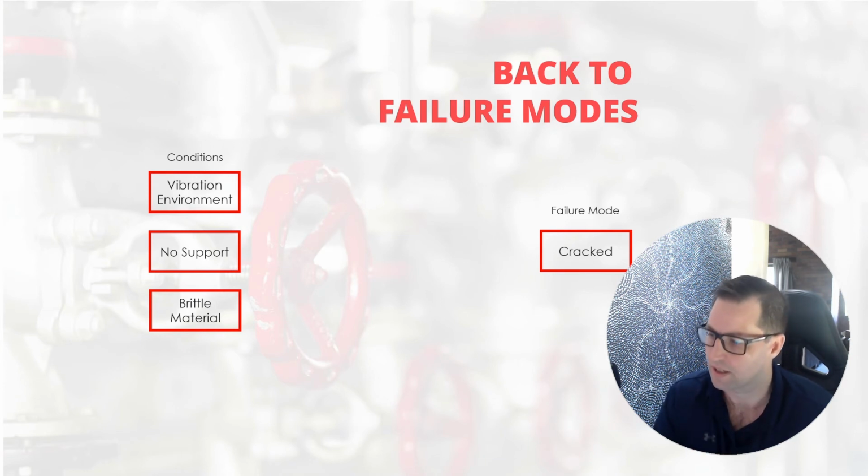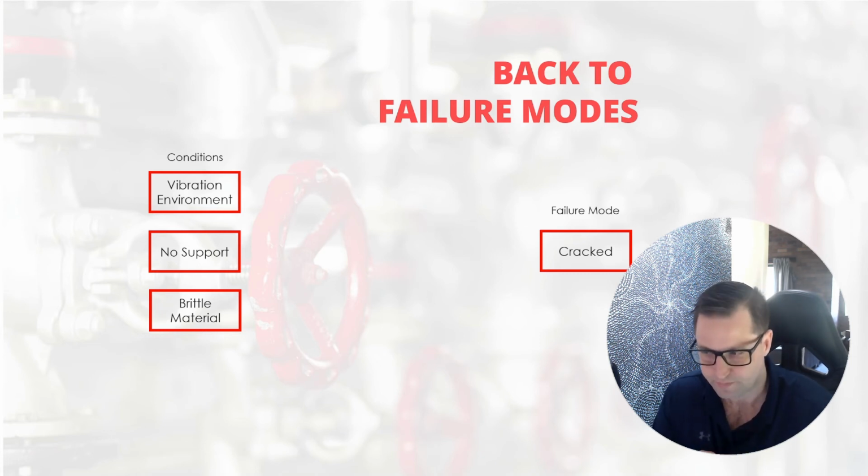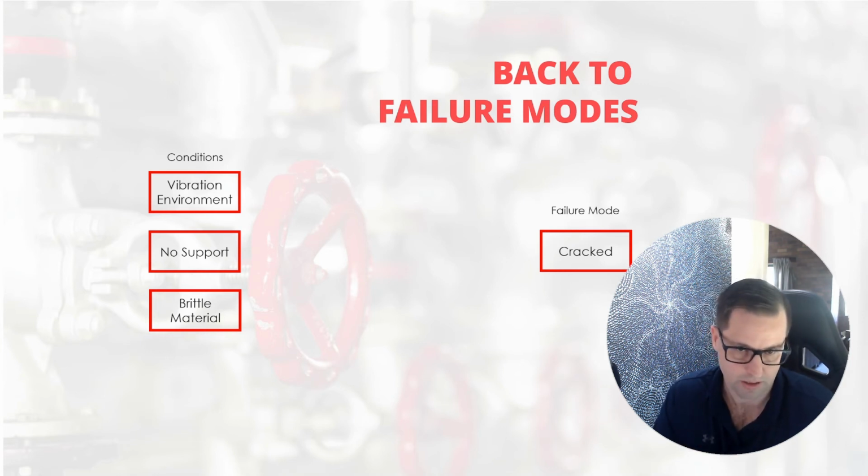So some conditions that currently exist. Let's say we've got some vibration in the environment, maybe through attached steel structures and things like that. Let's say that there is no support or additional support for the asset. It's just bolted to that vibrating structure. And let's say it's made of some sort of brittle material.